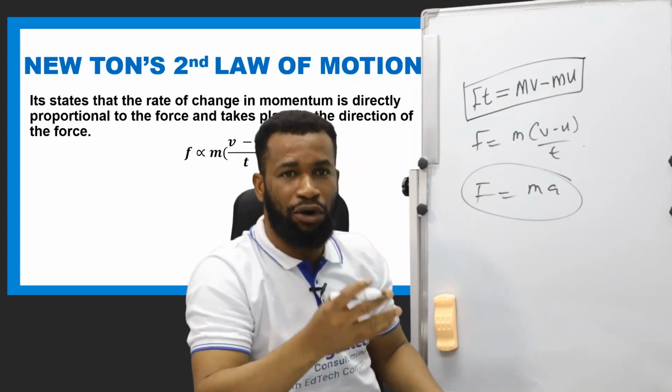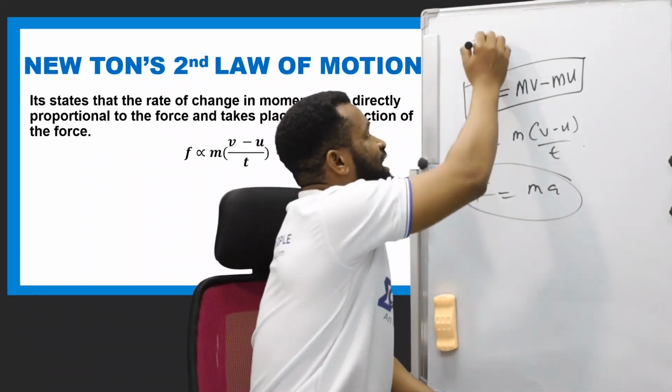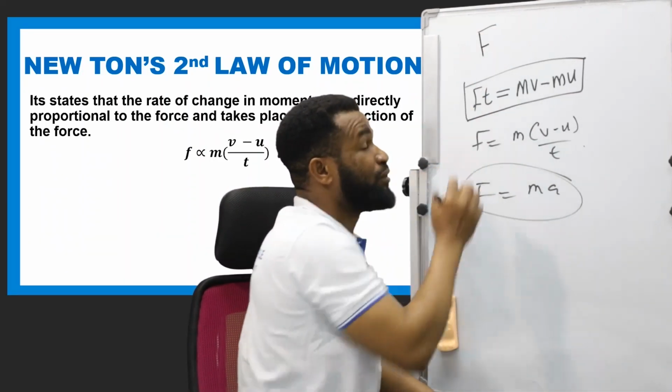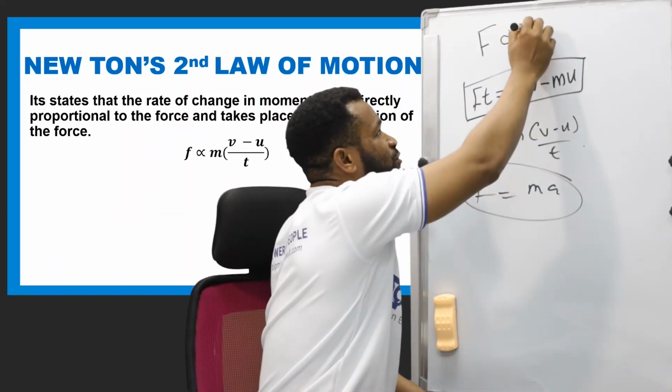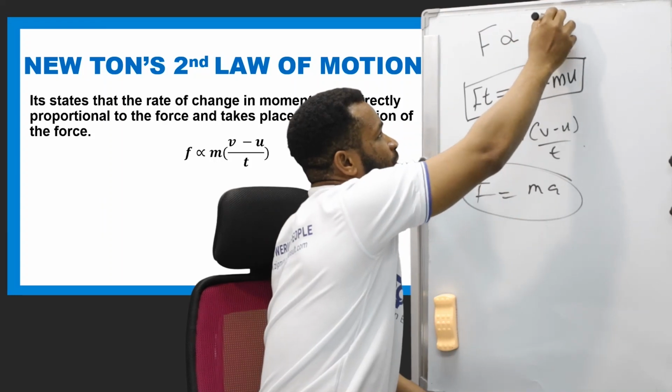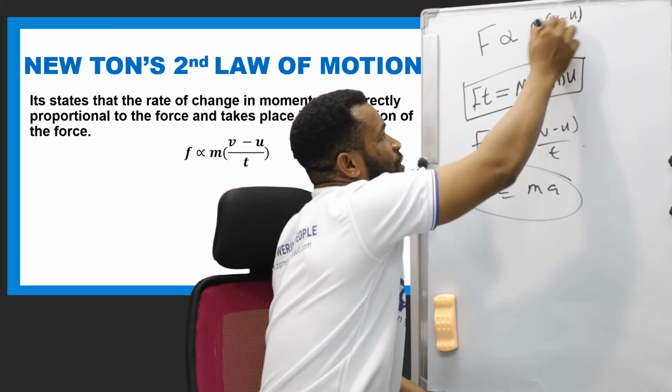But when we talk about the law, he stated it like this. He said that the force applied on a body is directly proportional to the change in momentum, which is m(v minus u) all over t.